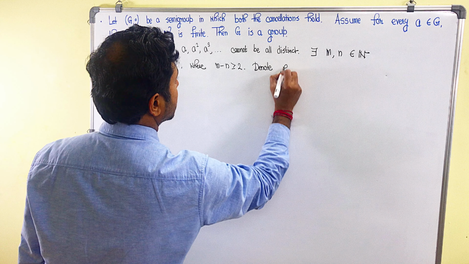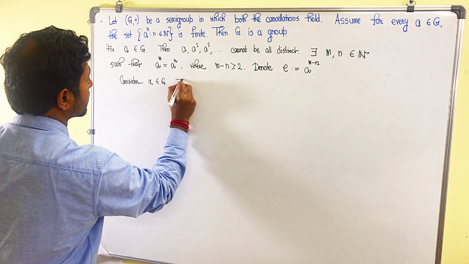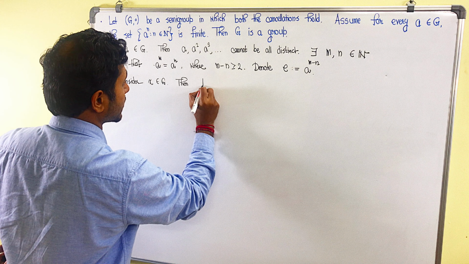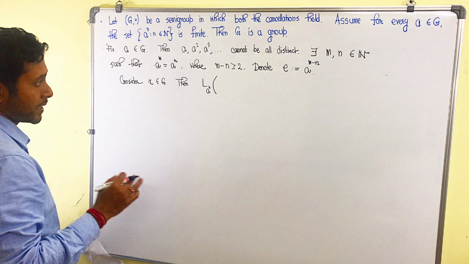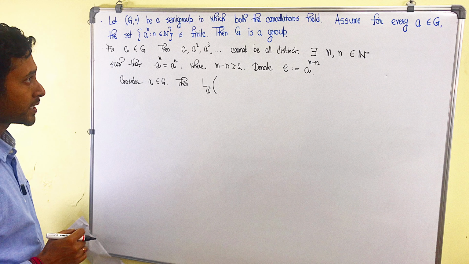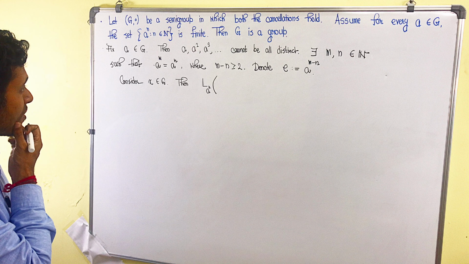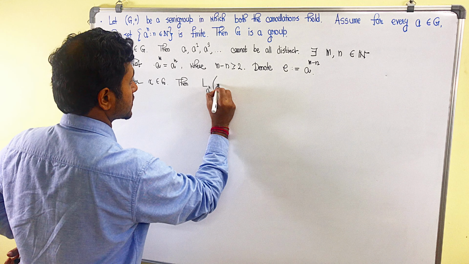So basically we want to prove that Ex equals xE equals x for all x in G. So what we can do, consider an element x in G. Let's say L a to the power n, because we know that left multiplication maps and right multiplication maps are all injective because of these cancellation laws. So what is this quantity L a to the power n of Ex?